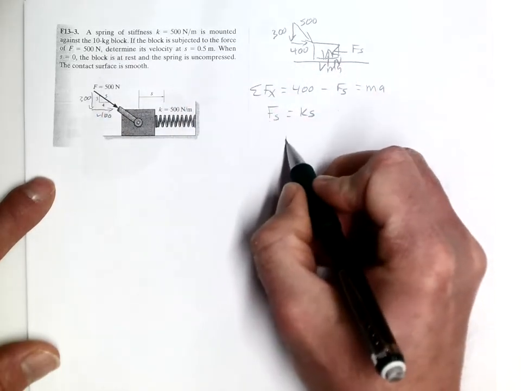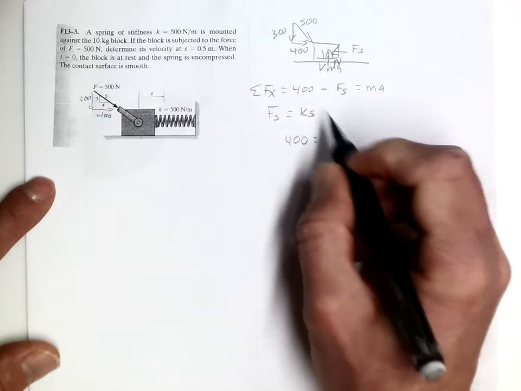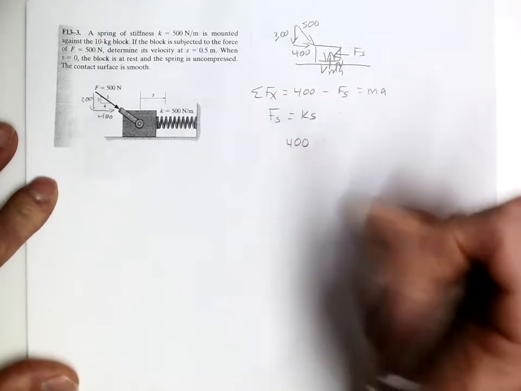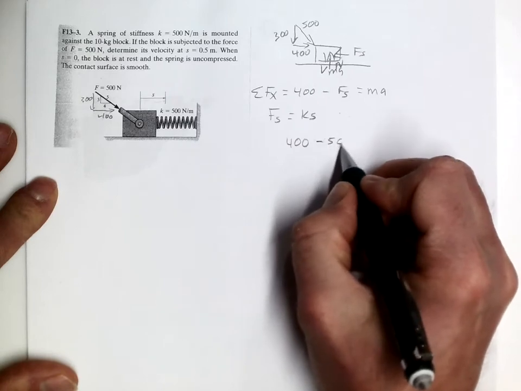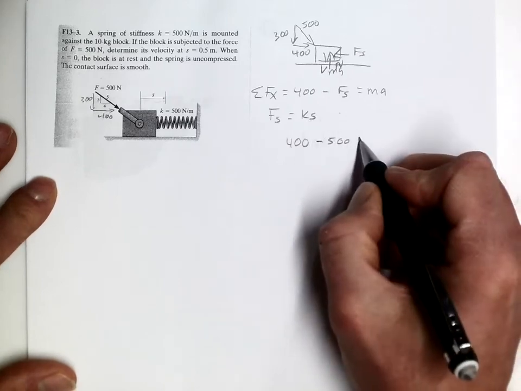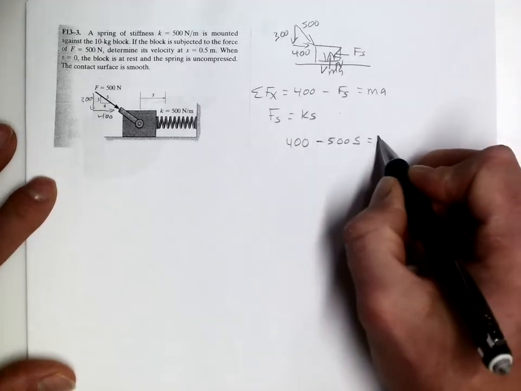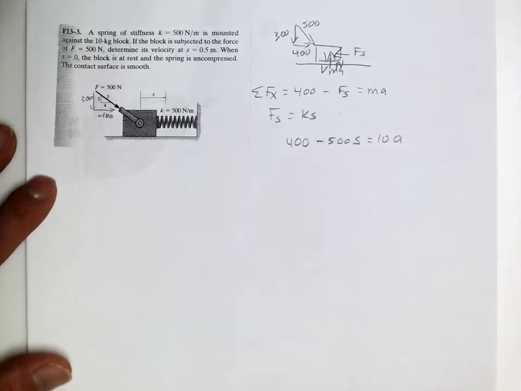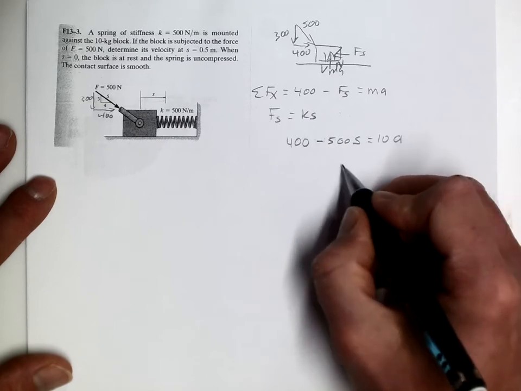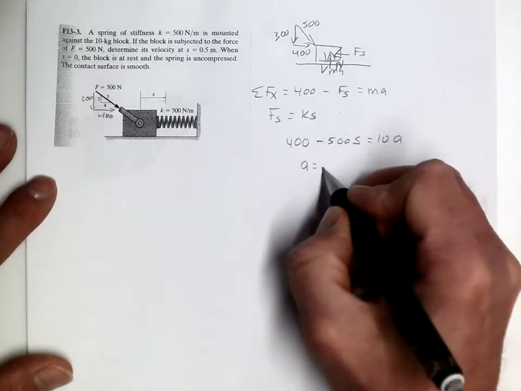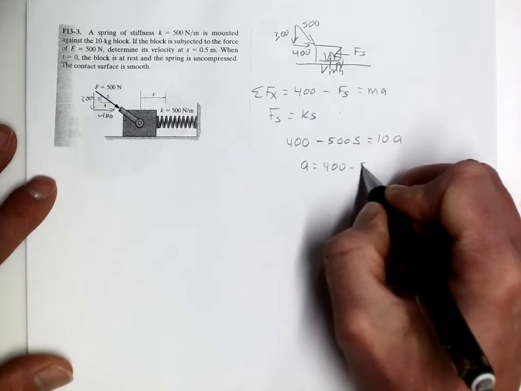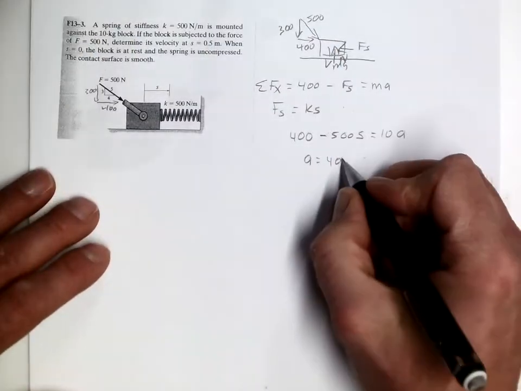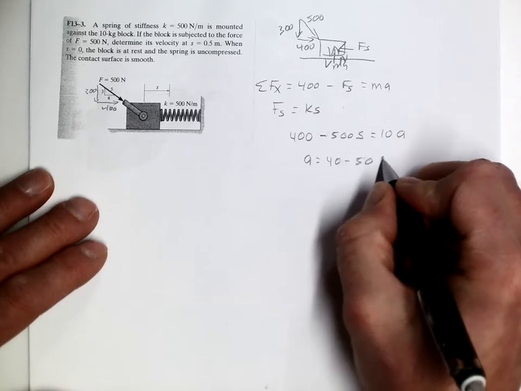So putting that in here, we have 400 minus 500 times s equals 10 times a. Let's divide by 10 and we get a is equal to 40 minus 50s.